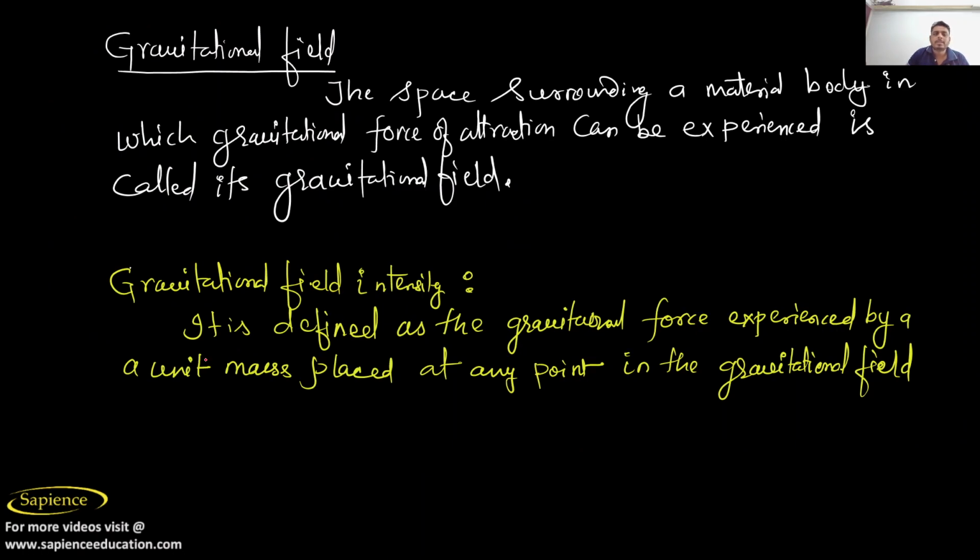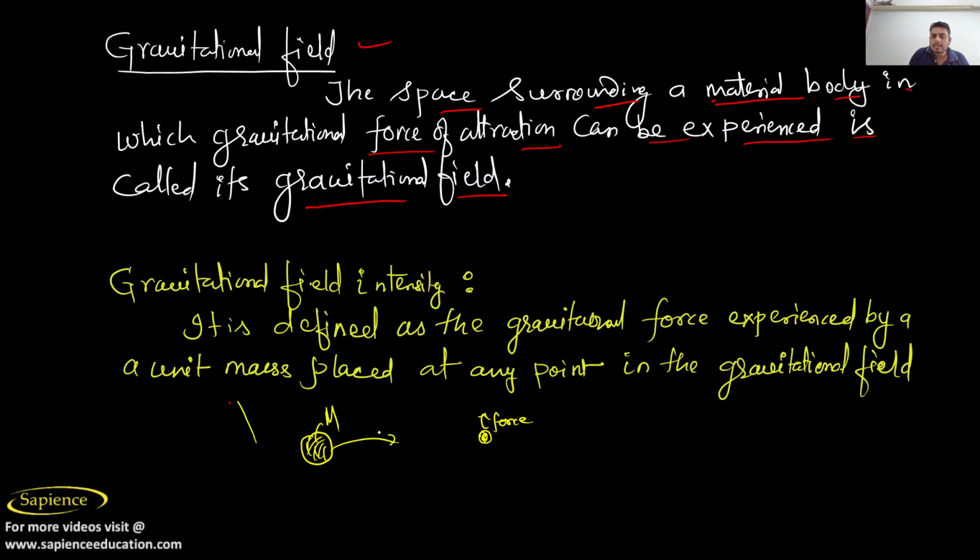Let us consider there is a gravitational field. What is a gravitational field? The space surrounding a material body in which gravitational force of attraction can be experienced is called a gravitational field. For example, let us consider there is one object which has a mass m, and around this, if any other mass is placed, it will experience some force due to this mass, right?